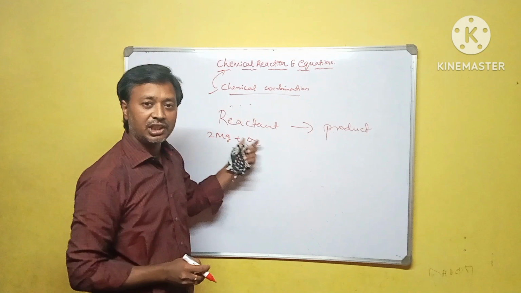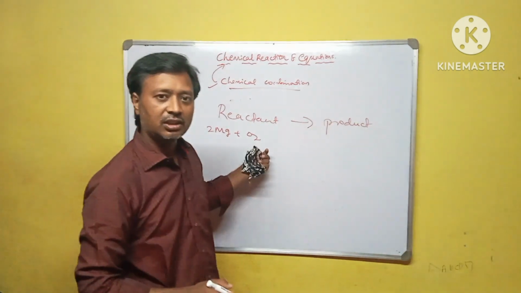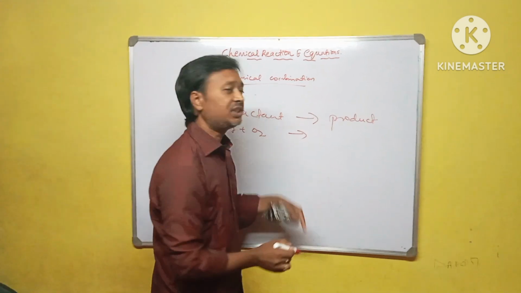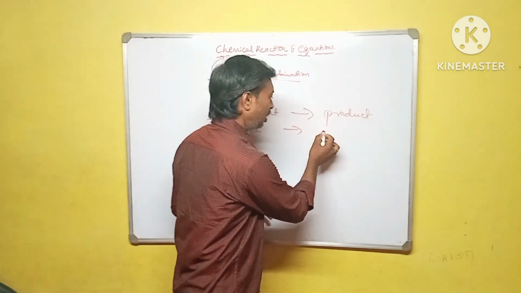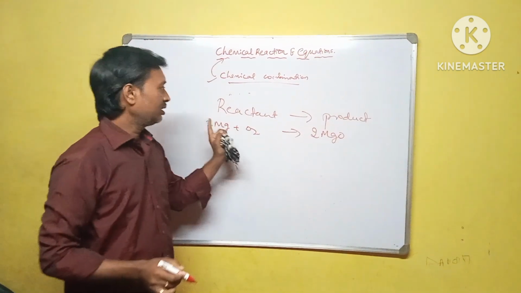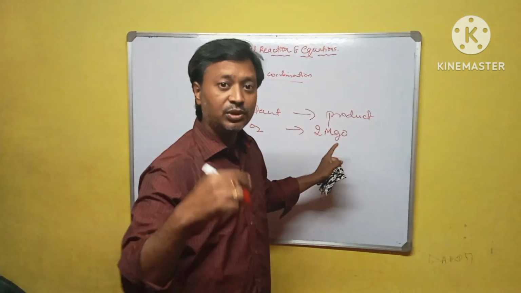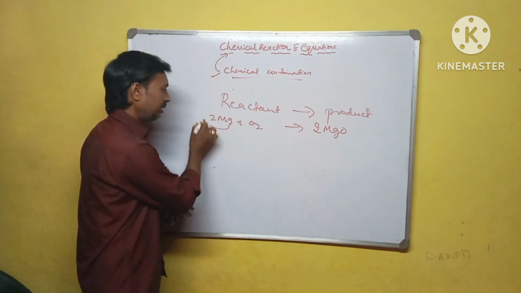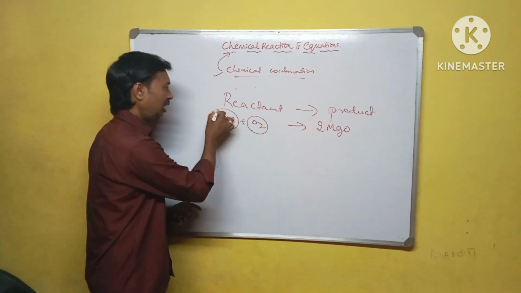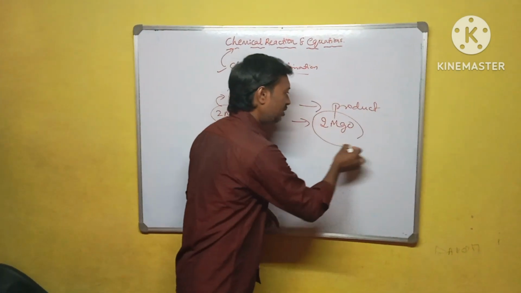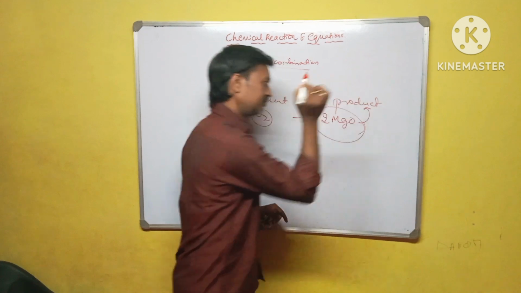The chemical which is formed during the reaction is called the product. Here Mg plus O2 are the reactants. Here 2MgO is the product.